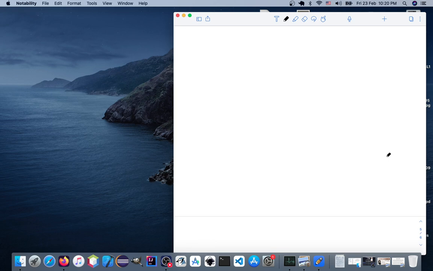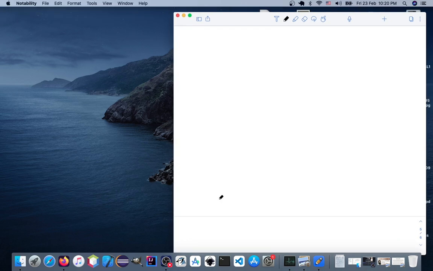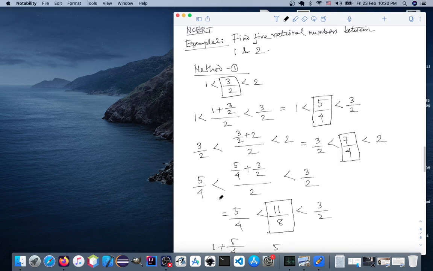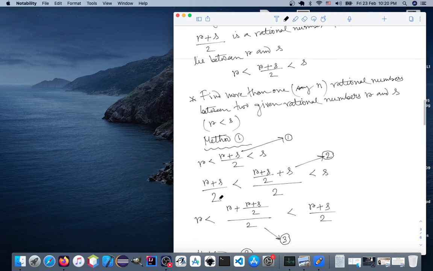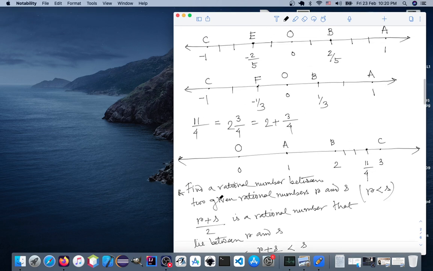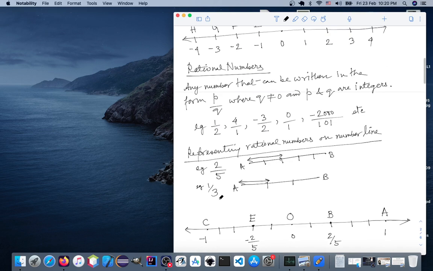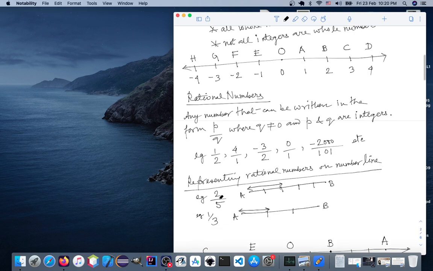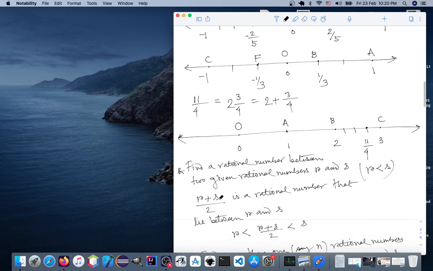Earlier I said that there are infinitely many rational numbers between any two rational numbers on the number line. Did I mention that? Okay, I did not mention that.